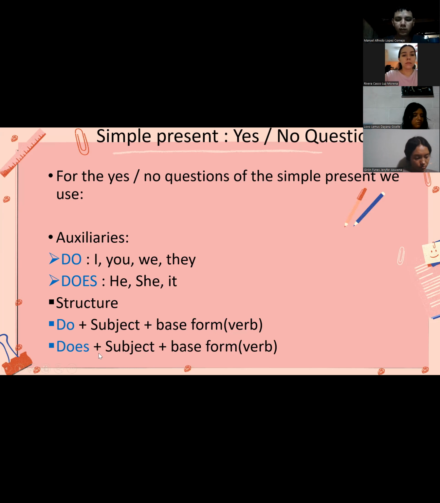So does, subject, and base form of the verb. The auxiliary for the questions is do, and for the third person, the auxiliary is does. Do or does. That is the auxiliary.